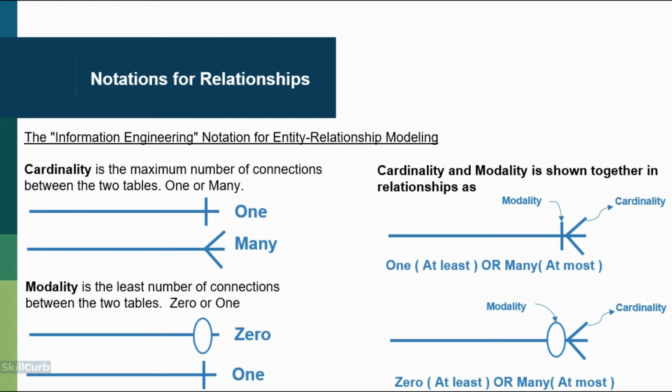The first relationship is showing one or many, and that's why you see the symbol for one as a vertical line and for many as a crow's foot. The one at the bottom is zero or many, and you have a circle and a crow's foot. Just getting an understanding of the symbols will really help you in the following slides.